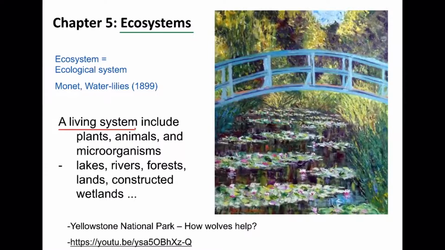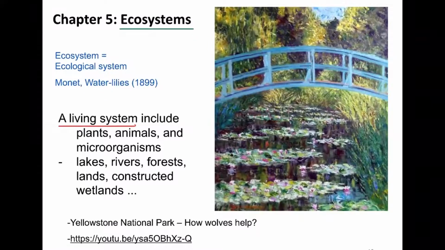Living organisms can include plants, animals, and microorganisms. The ecosystem can be used to describe lakes, rivers, forests, lands, constructed wetlands, or even, let's say, on top of your roof, you try to plant some crops. That's a tiny ecosystem as well, right?